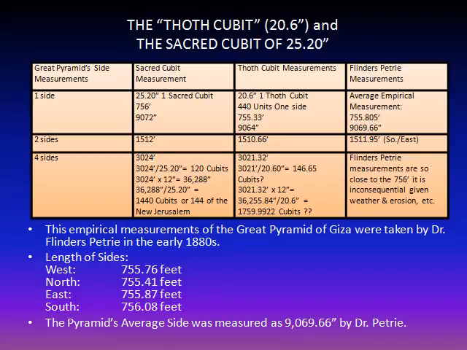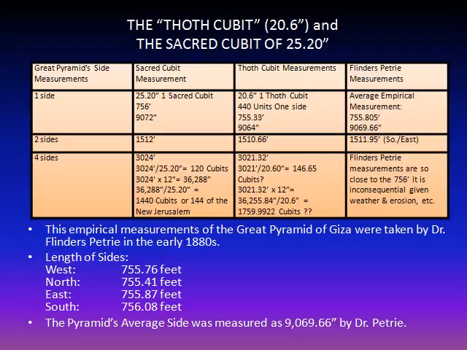Flinders Petrie measurements are so close to the 756 linear feet on one side of the Great Pyramid using the sacred cubit measurement of 25.20 inches that it's quite inconsequential given weather and erosion and so forth constricting the size of the Great Pyramid.